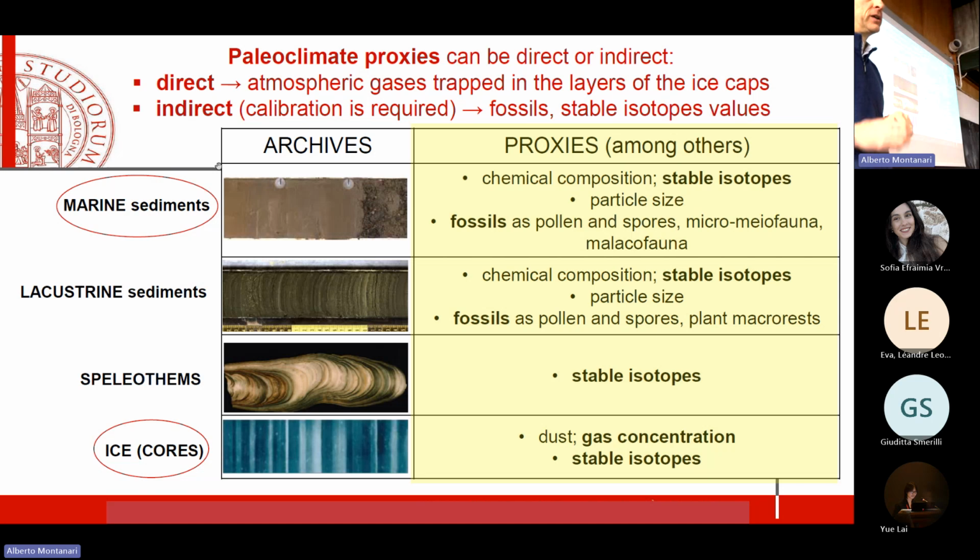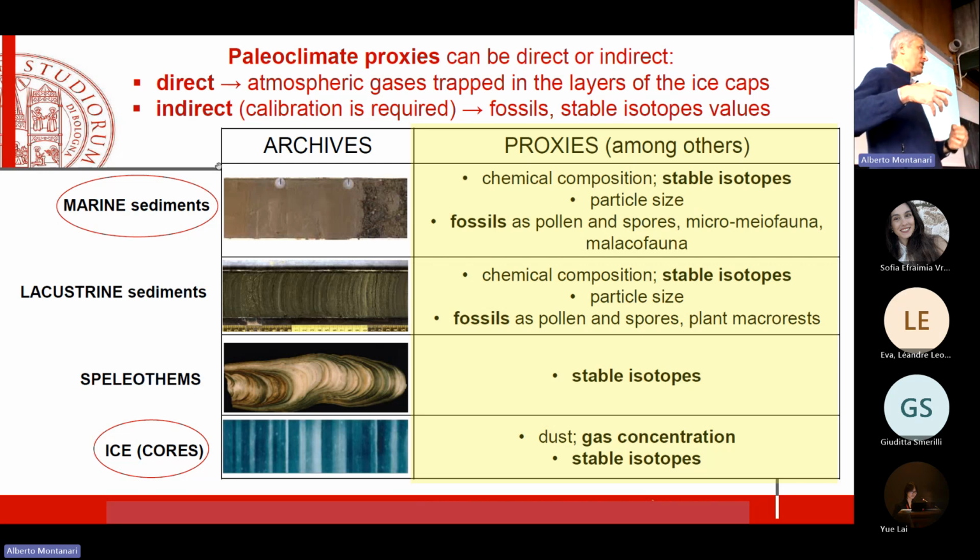First of all, when we talk about data derived from paleoclimate archives, we can talk about direct information and indirect information. What is the difference? Direct means that we can make direct measurements of the proxy of interest through, for instance, let me refer to CO2 concentration.